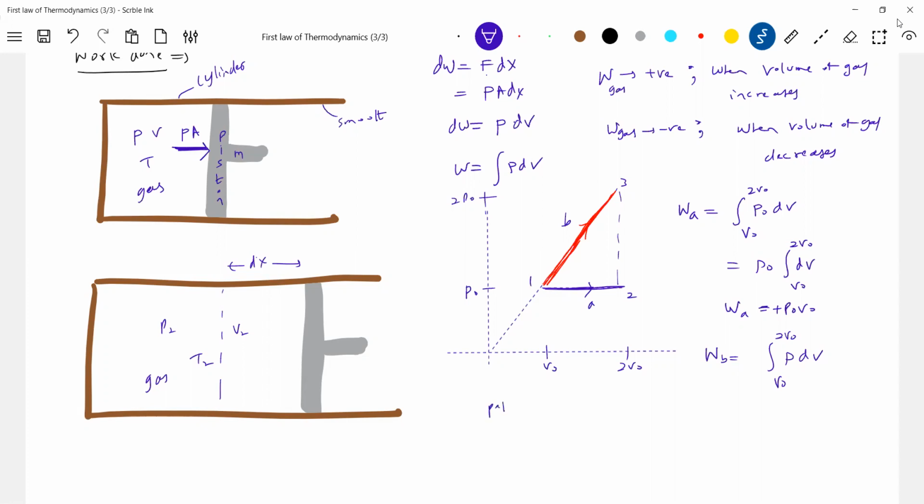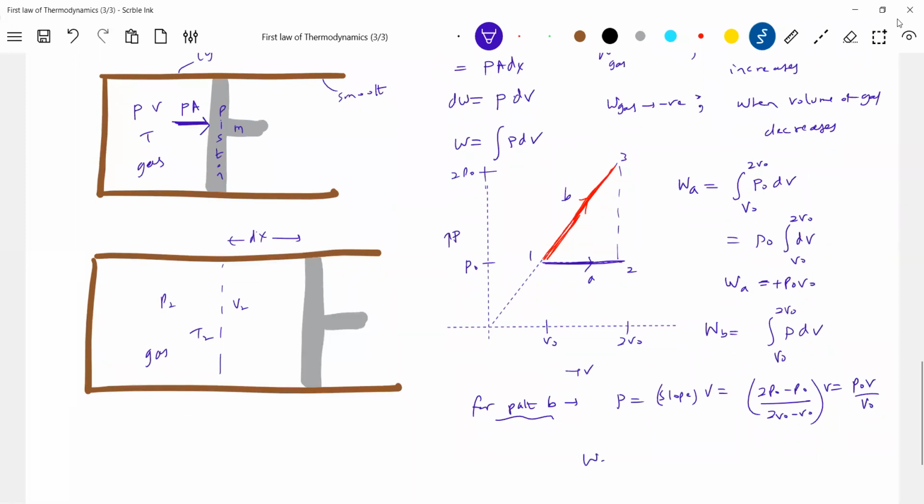For path B, it's a straight line passing through the origin, so the slope will be 2P naught minus P naught over 2V naught minus V naught. This is the expression for pressure.